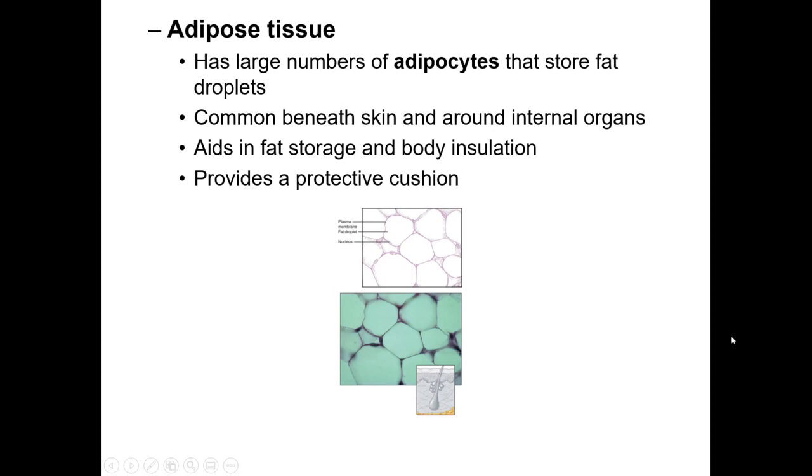Then we have adipose tissue. Adipose tissue is fat, and it has adipocytes, which are the dominant cell type. Adipocytes may also occur singly or in small clusters in areolar tissue, but it is usually found here.